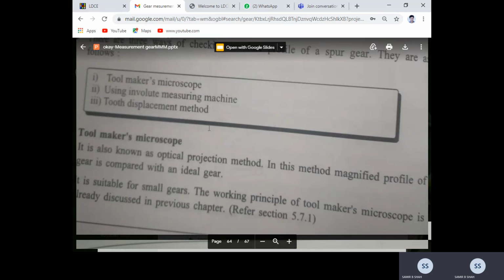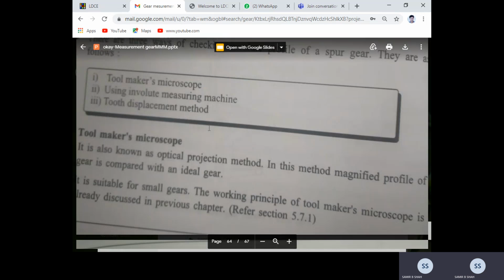Now the stylus starts sliding along the involute curve, and the deviation of the tooth profile from the ideal involute can be seen on the dial indicator. So it is really very easy. With the help of the stylus and the dial indicator, we find whether the profile is as per our design, through the stylus or plunger movement.